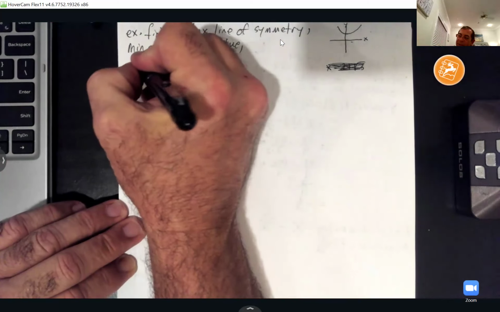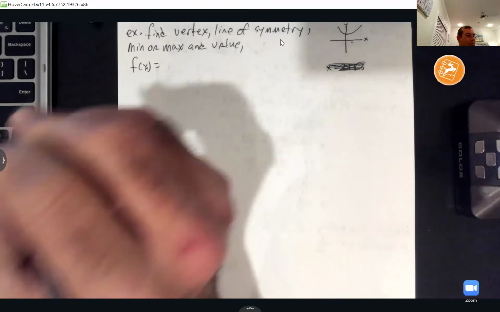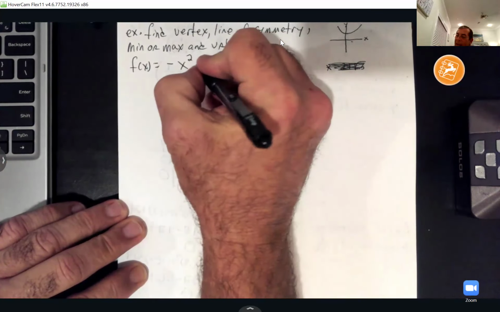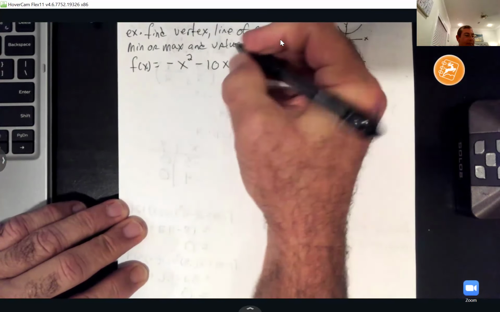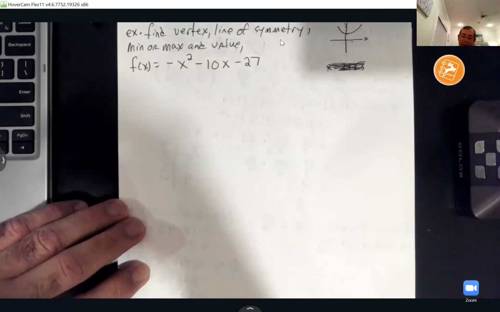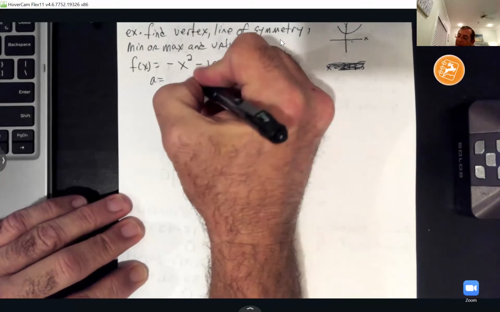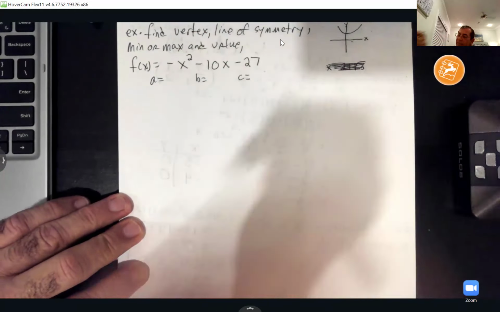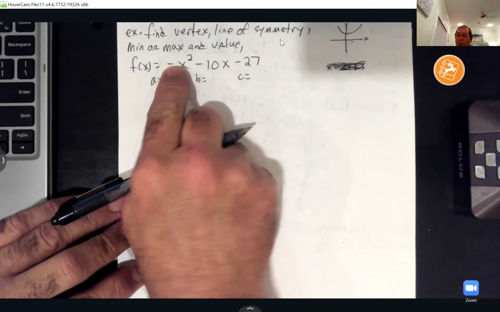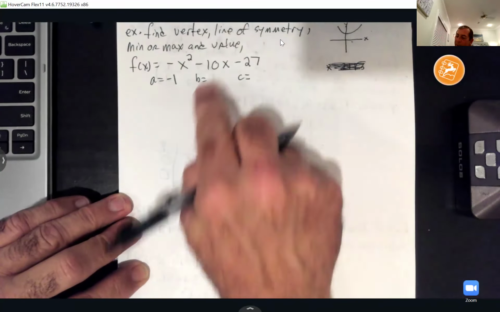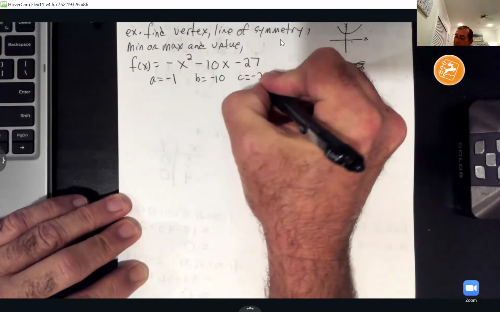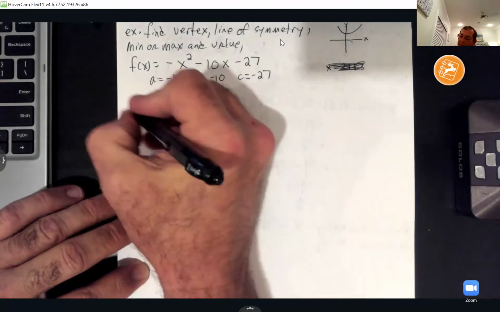So y'all, this one is f of x equals negative x squared minus 10x minus 27. So let me get my A, B, and C. Well, y'all look at this. A is now -1. B is -10. C is a -27.